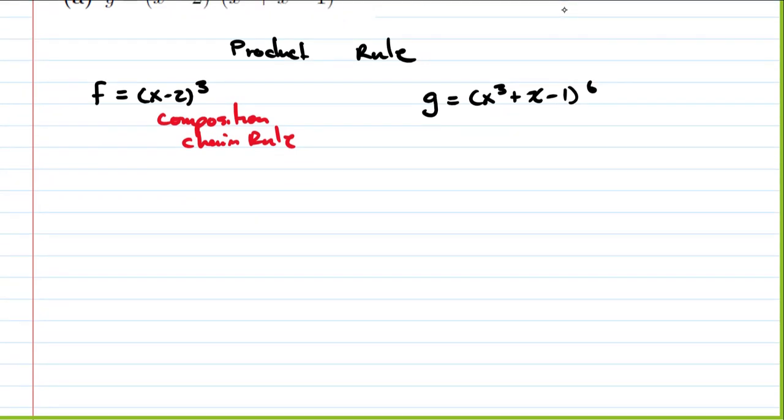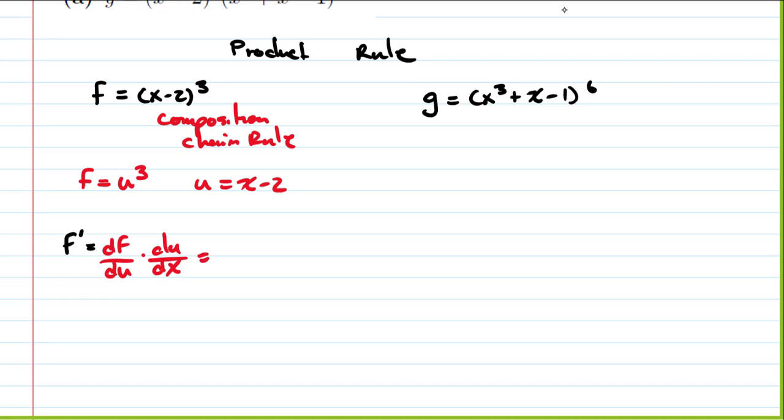So inside my chain rule, I now have f is equal to my cubing function, and u is equal to x minus 2. Then my derivative, f prime, is going to be df du times du dx.